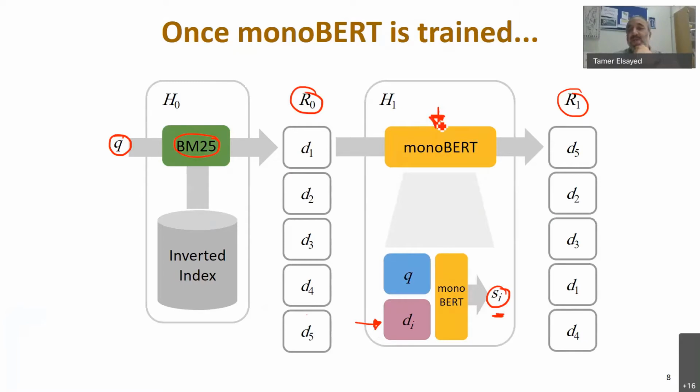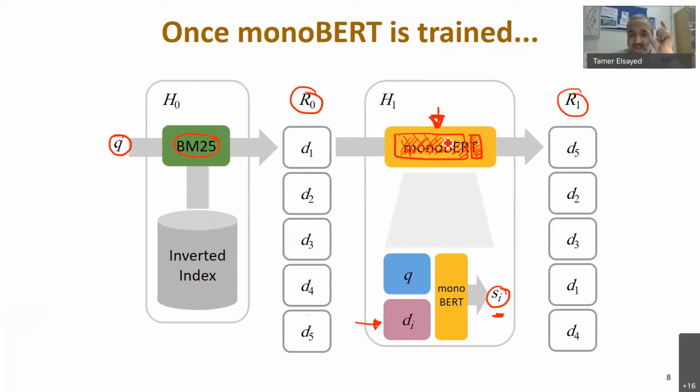This box, by the way, has both parts. It has BERT and it has the relevance classifier. Of course, I made BERT much larger because it is much larger.